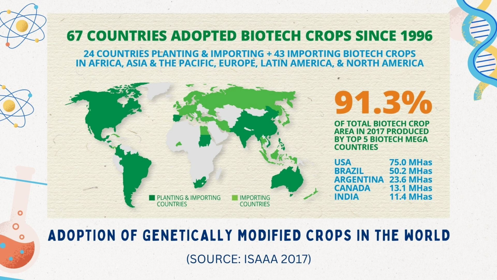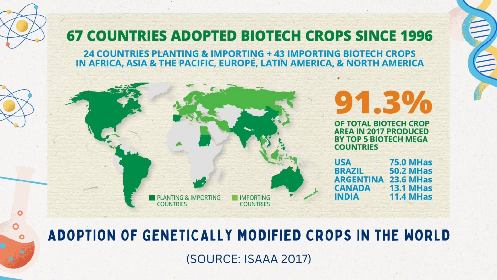So as we can see here in the slides, the top 5 biotech crops growing countries are the United States, Brazil, Argentina, Canada, and India. Planted a total of 172.7 million hectares, equivalent to 91% of the total biotech crop area in 2019.